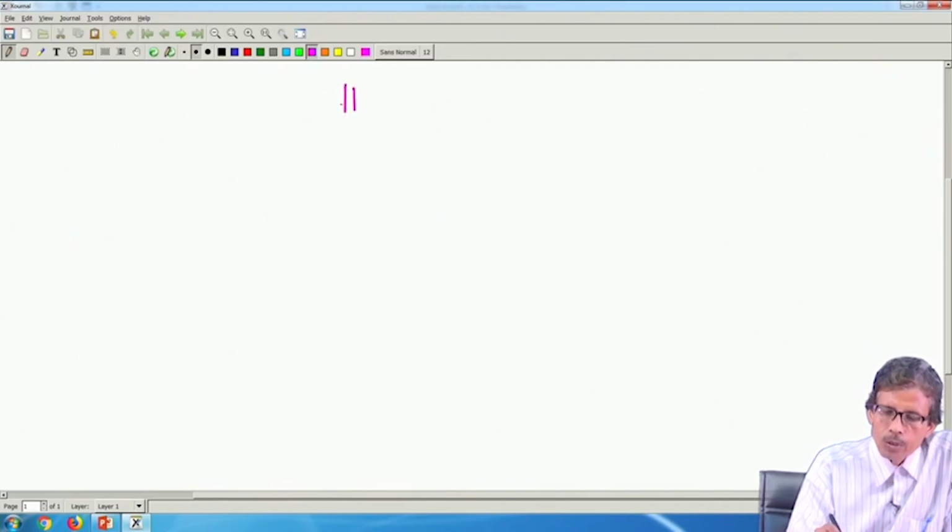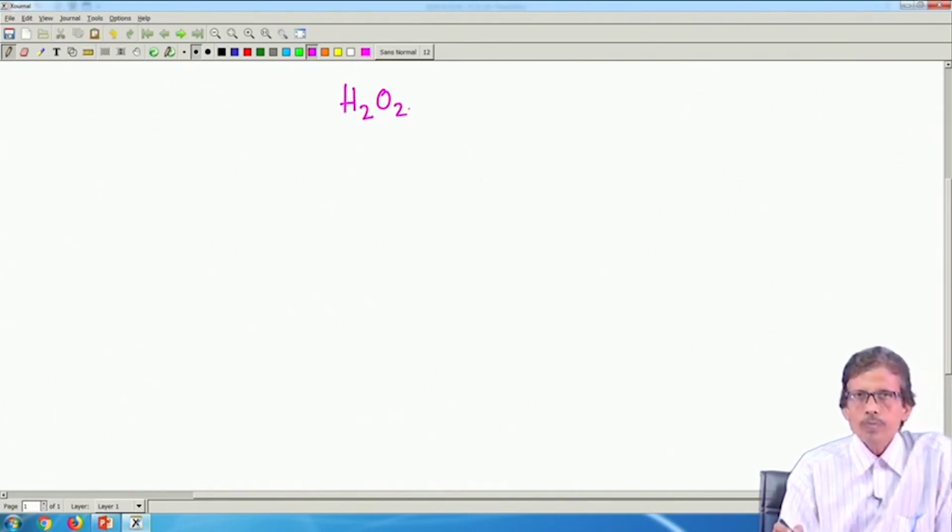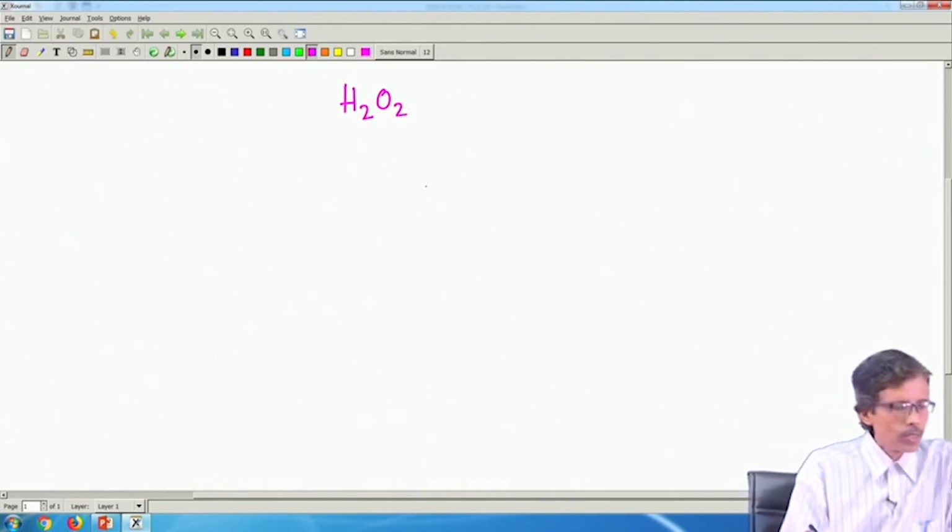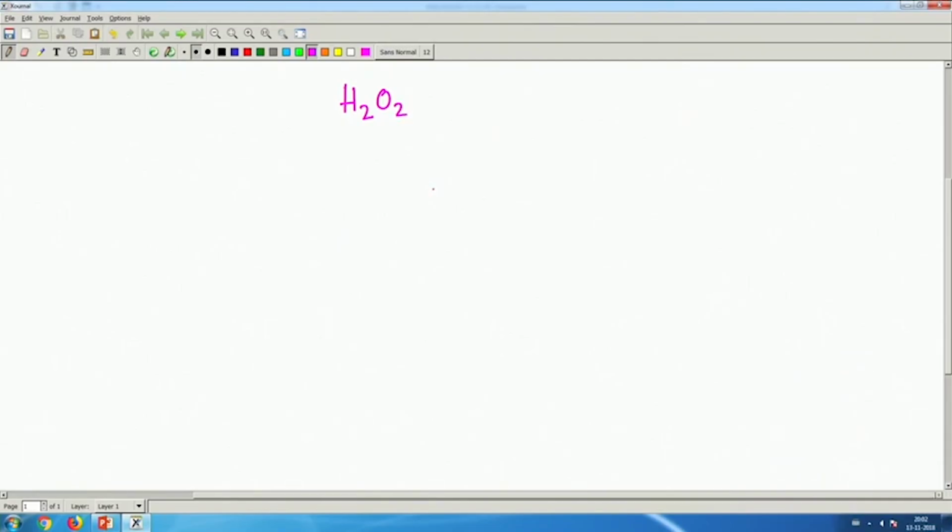We will talk about H2O2, the hydrogen peroxide, which is a very useful material, and in different amounts or different forms it is available in the market in terms of its percentage.